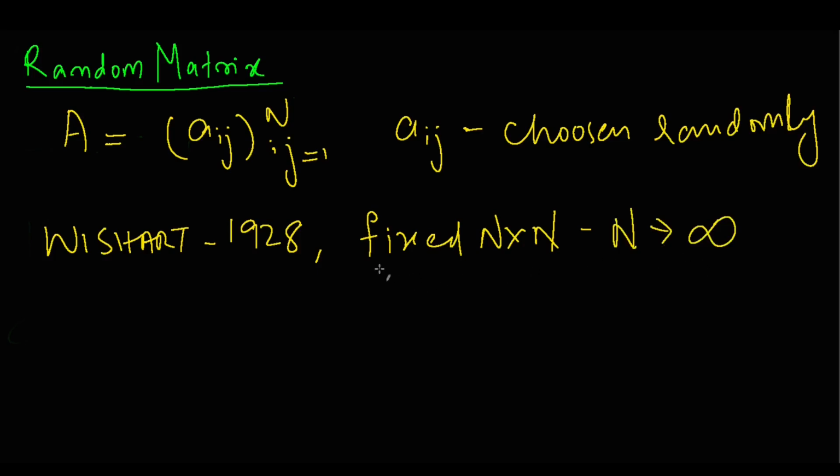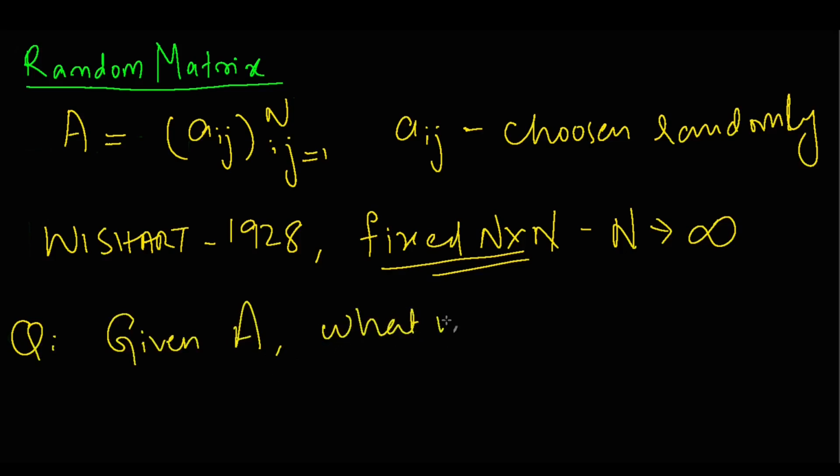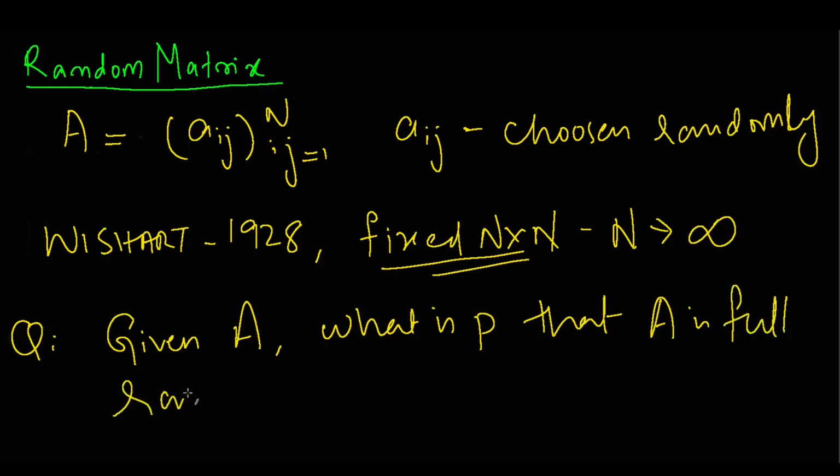But today we will look at one property of an n by n random matrix, and in particular we will ask this question. Given a random matrix A, what is the probability P that A is full rank, or rank of A is n?